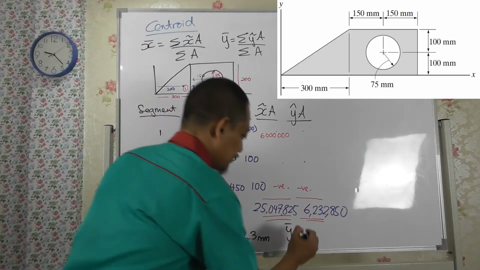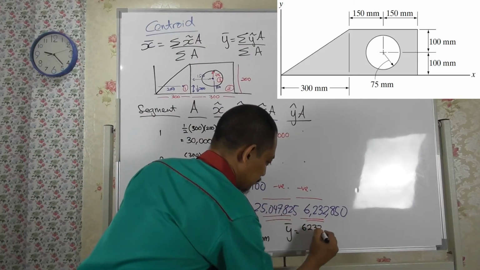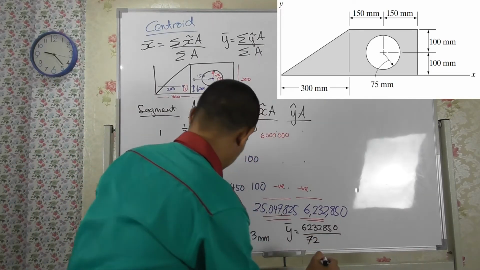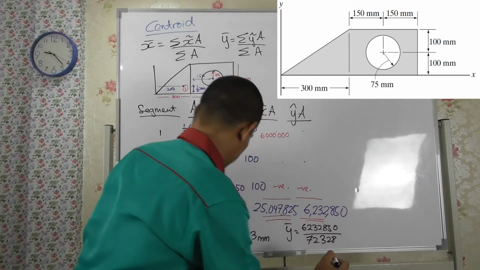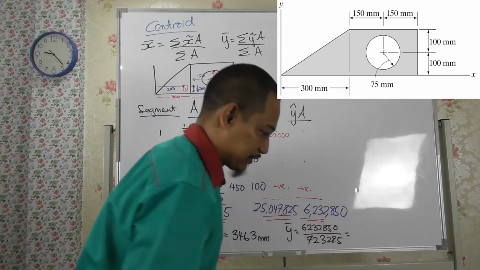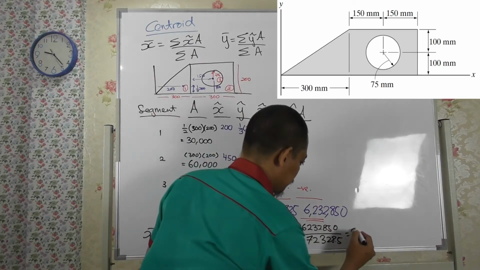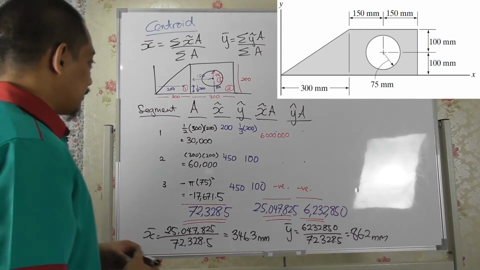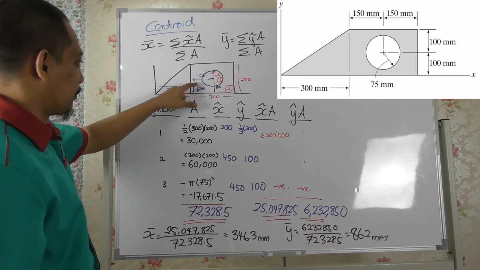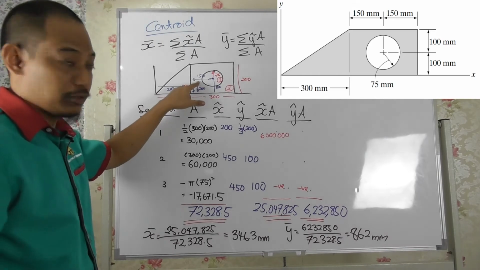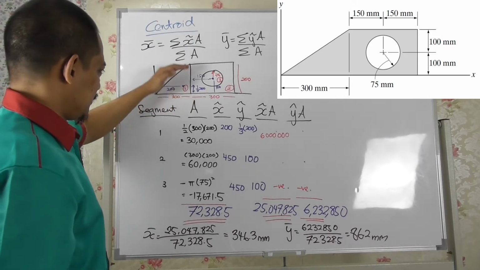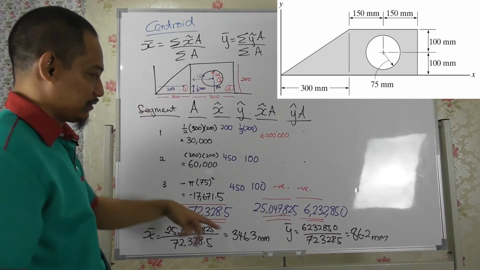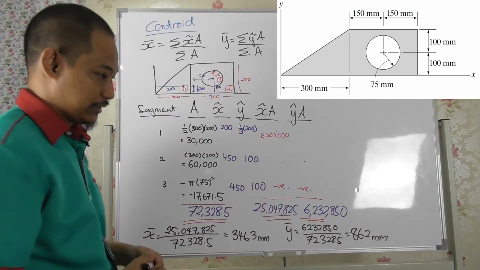So this 6,232,850 divided by 72,328.5, and if you divide this, you'll get 86.2 millimeter, right? So it's on the bottom half. That again is logical, because the area here is shifting to the bottom side, so it should be towards the bottom side a bit. So 86.2 is logical as well.